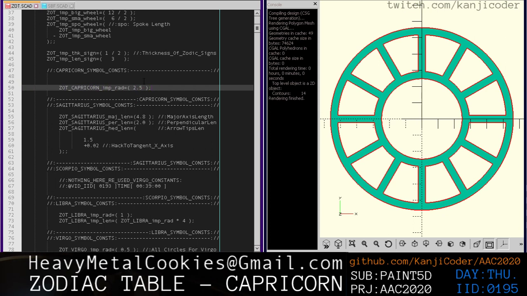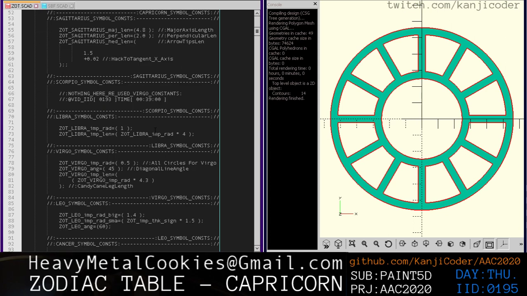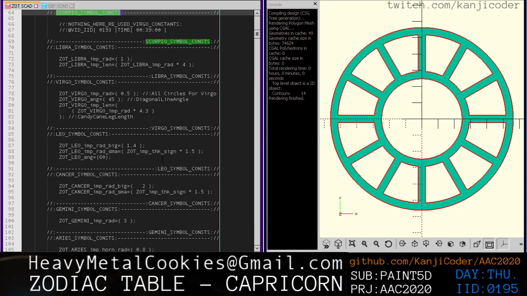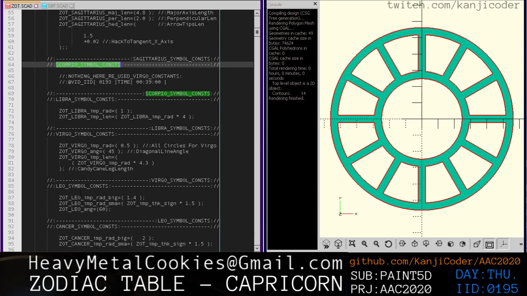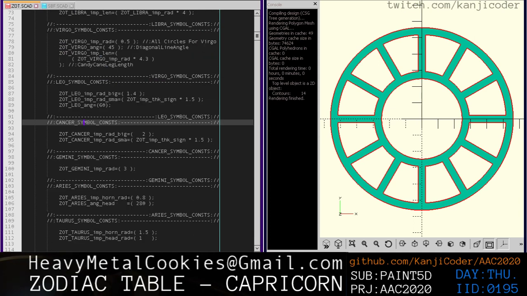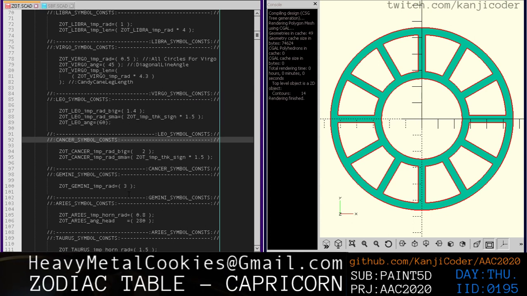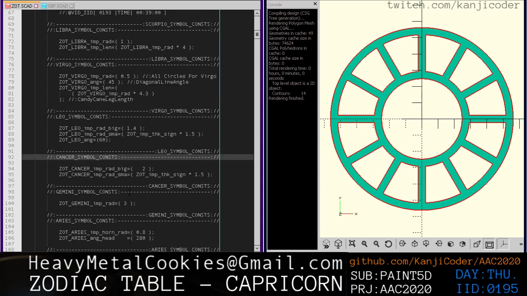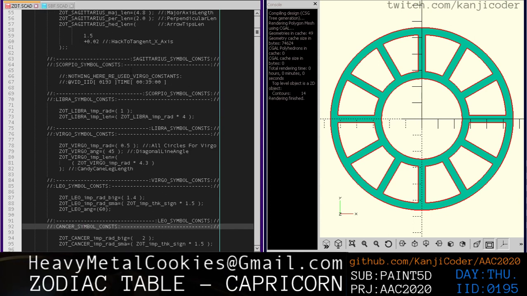And then we have some other things like a leg length. And we might want to look at the Scorpio symbols, because for those symbols we might want to have values similar to that. So where the hell are they? Oh, no, because it's Virgo.